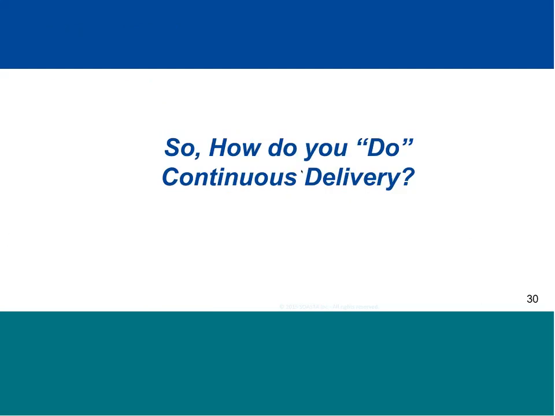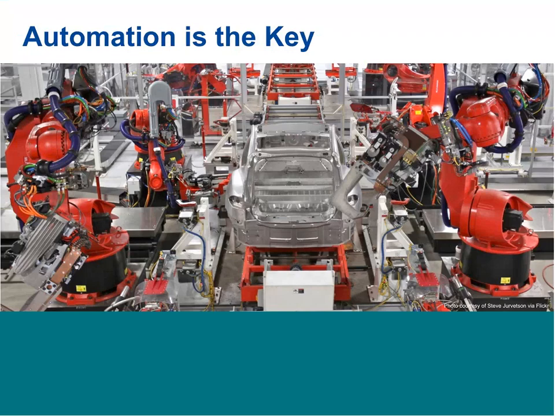So, how do we do continuous delivery? Well, automation is key. Just as Toyota had done with lean manufacturing, you need to optimize and automate your software development pipeline just as you would an automotive assembly line.